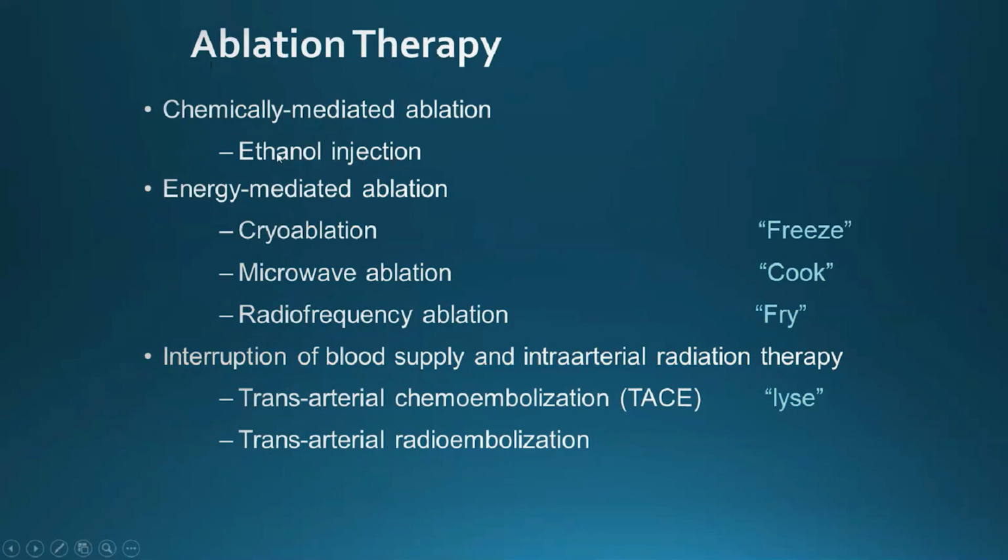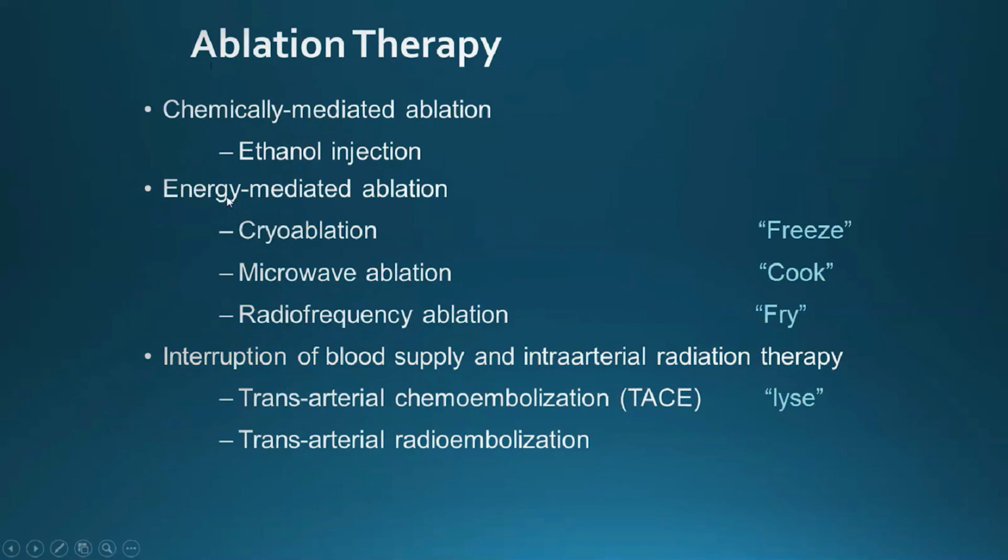However, if the patient is cirrhotic, there is a chance that the patient develops other lesions in other parts of the liver. Then we use energy-mediated ablations: cryoablation, where we freeze the tumor, microwave ablation, and radiofrequency ablation.